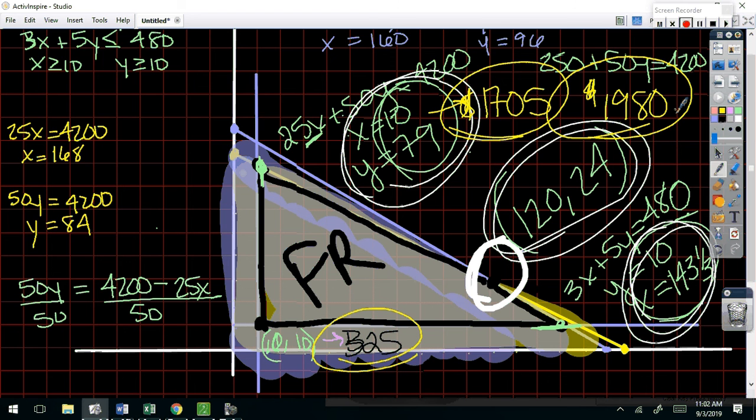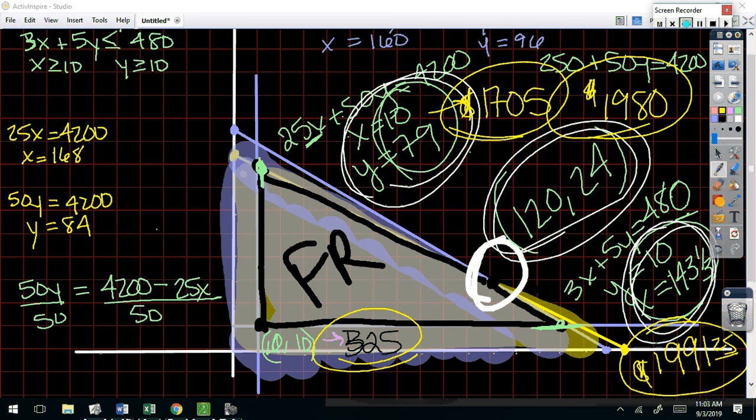And last row. If you ship 143 and a third packages and 10 of the other, what is your revenue? 143 standard packages and 10 oversized packages, for a grand total of 191-something. So to maximize your revenue, you would want to do the 143 and a third.